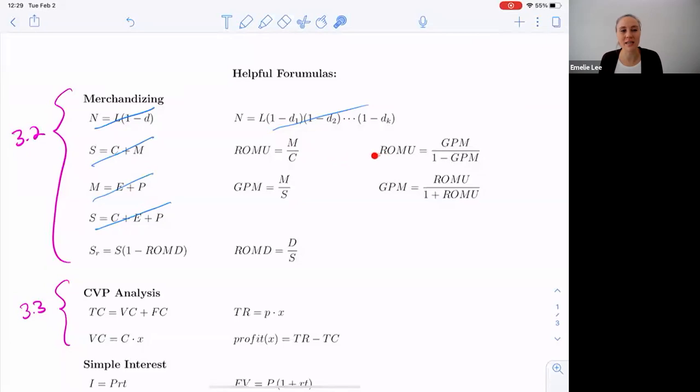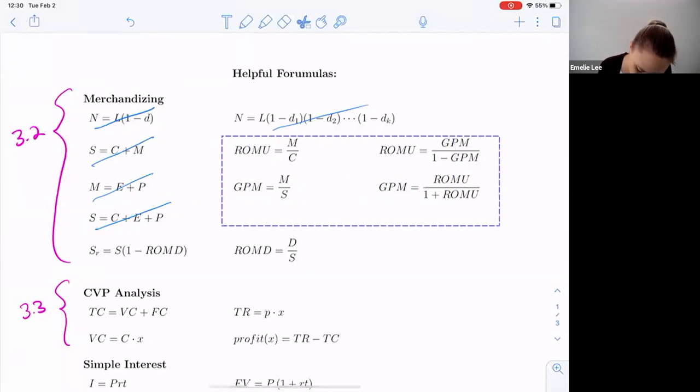So it depends on the information that you have. Same thing with the gross profit margin here. You can rewrite it in terms of the raw mu, right? So the raw mu over 1 plus the raw mu is the gross profit margin. So if all you have is the raw mu, then you can find the gross profit margin without knowing the M and the S.